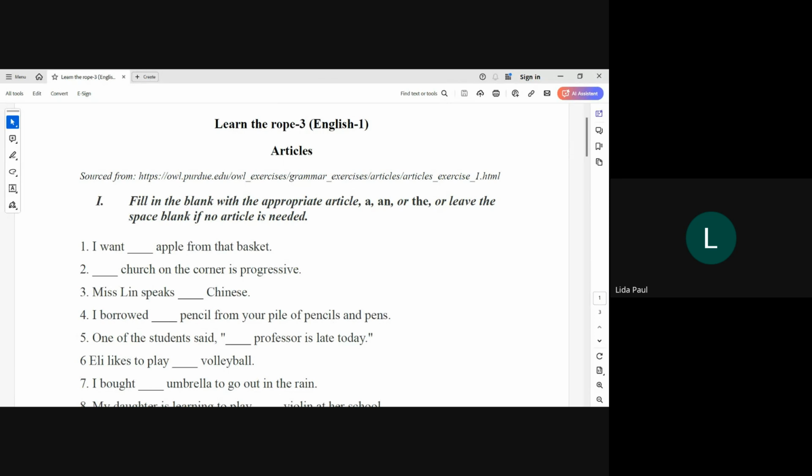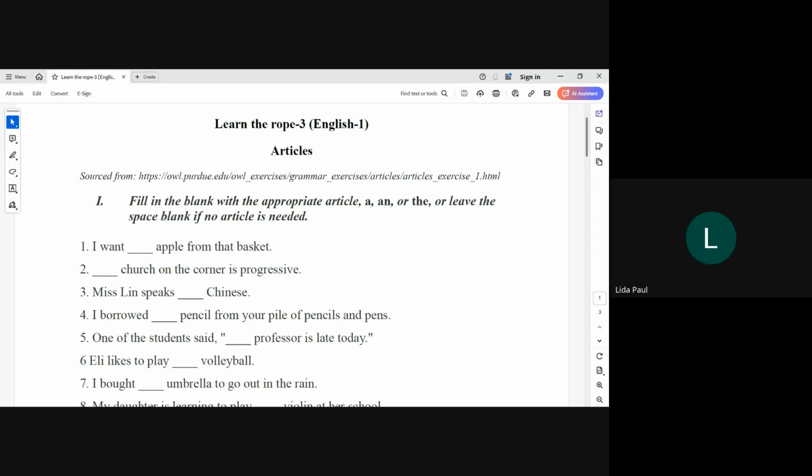If it is a countable noun, you definitely need to use either a or an, depending on whether it's followed by a vowel sound or a consonant sound. But that's not the case with an adjective. Adjectives are optional. Only if you require to describe something, you need to use those words. But articles in English, along with nouns, most of the time are compulsory unless specified otherwise. Unless it's a situation where you don't need to use articles, right? So that's the first point: specificity and non-specificity.